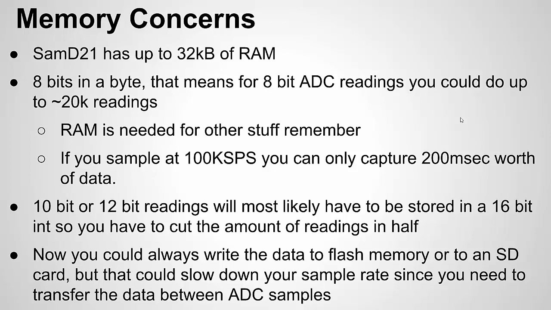As an example, if you use the Arduino SD library, the high level one, I think it takes a couple milliseconds to write one sample of data to the SD card. I think there's ways to speed it up if you go to the lower level libraries, but still, the whole point is you're going to have to throttle your sample rate if you're writing to an outside memory device. So once again, this chip is great because of its ADC sample rate and its resolution, but we just have to be aware of the memory limitations.